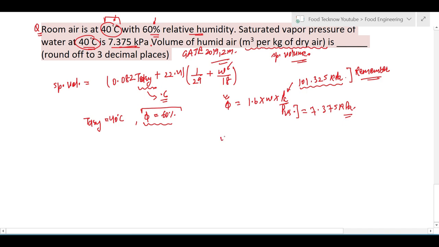So W is equal to phi divided by 1.6 into PVS divided by PA.